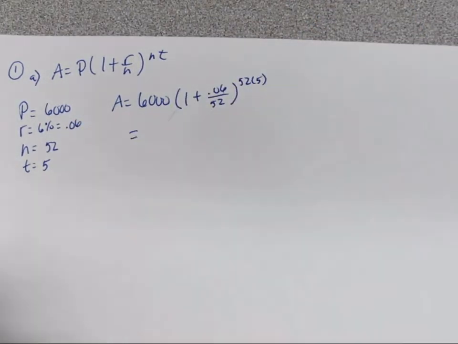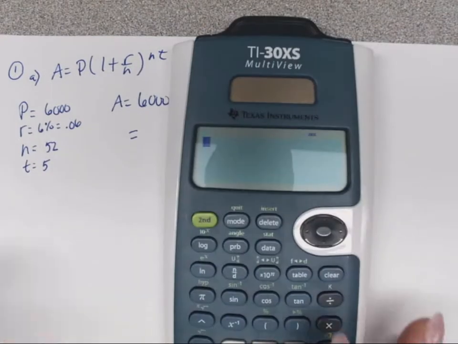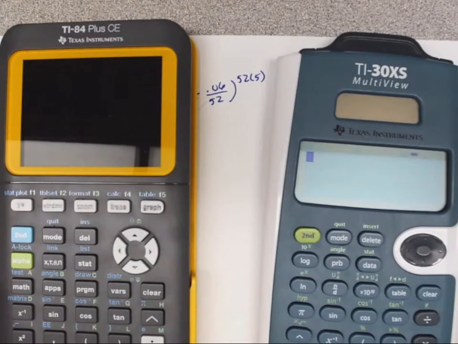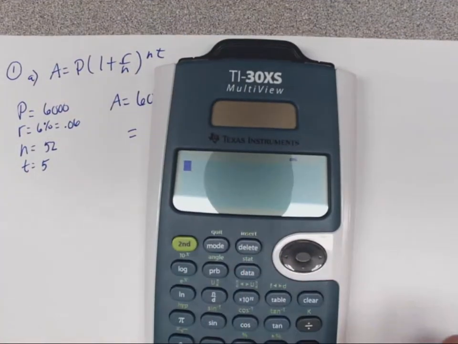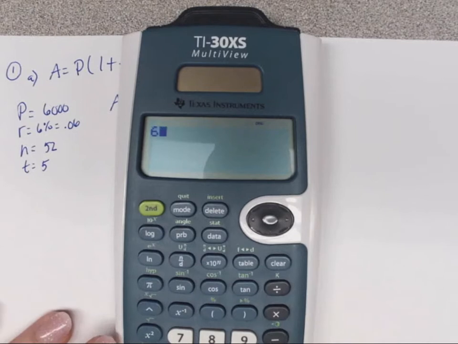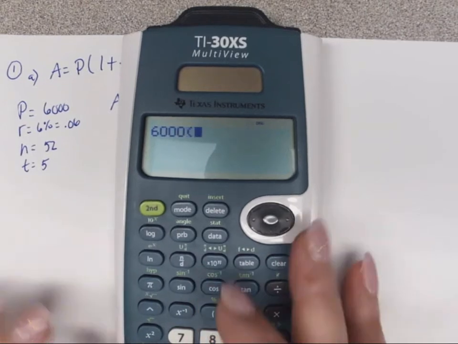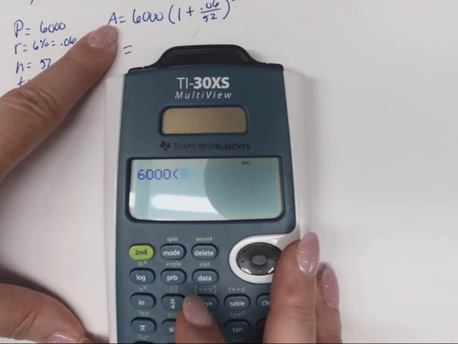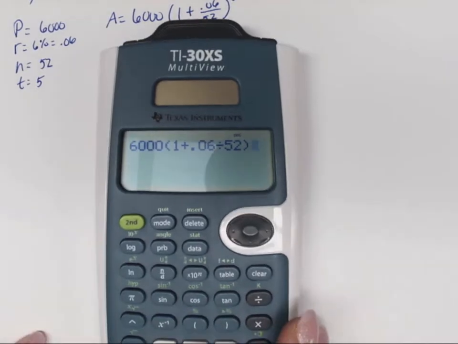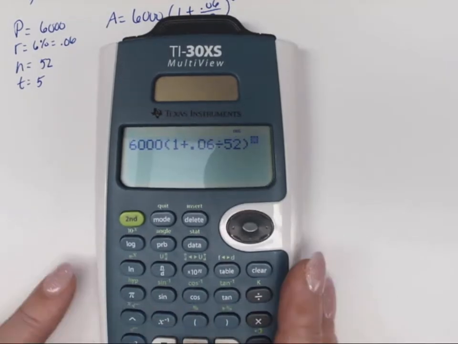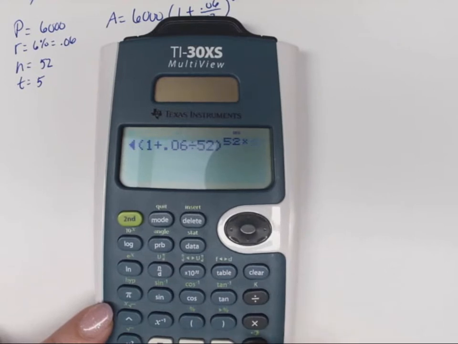Now, at this point, you're going to put it in the calculator. I don't care which calculator you have. This is the one I'm going to use, but you can also do this calculator. Either one works. So let's put it in here, and then so 6,000, parentheses, we're following the formula right there, of 1 plus 0.06 divided by 52, close your parenthesis, and then the rooftop key right here, raise it to the power of 52 times 5.